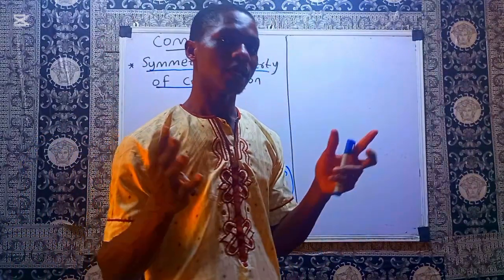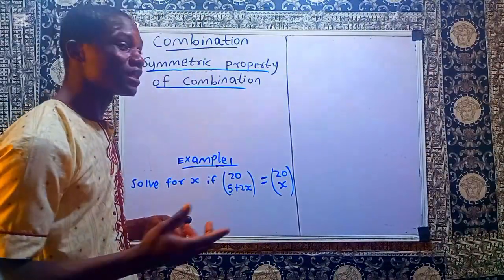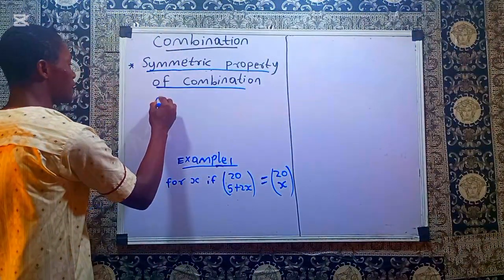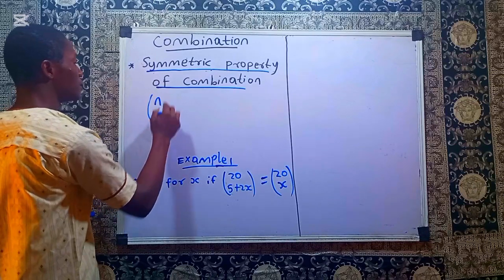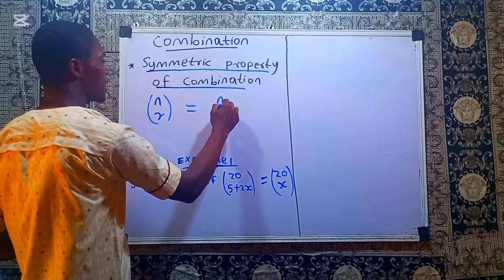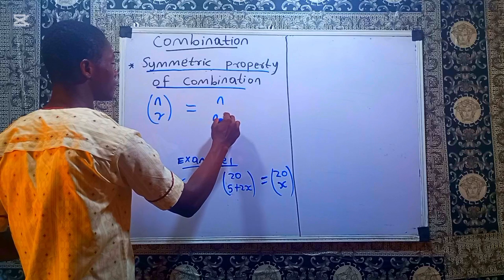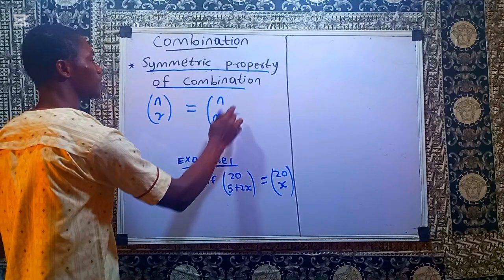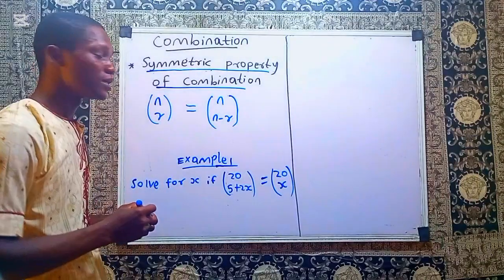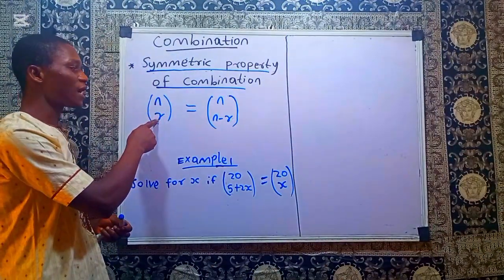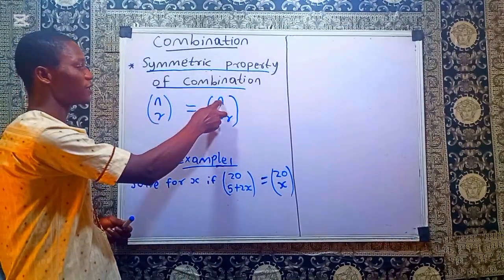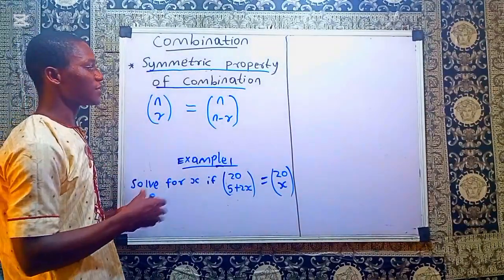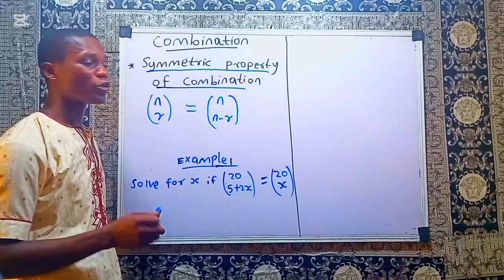the aid of examples. So the symmetric property of combination is given by n combination R is equal to n combination n minus R. So this is what symmetric property of combination says, that n combination R is equal to n combination n minus R. Remember, this is the bracket notation for combination.